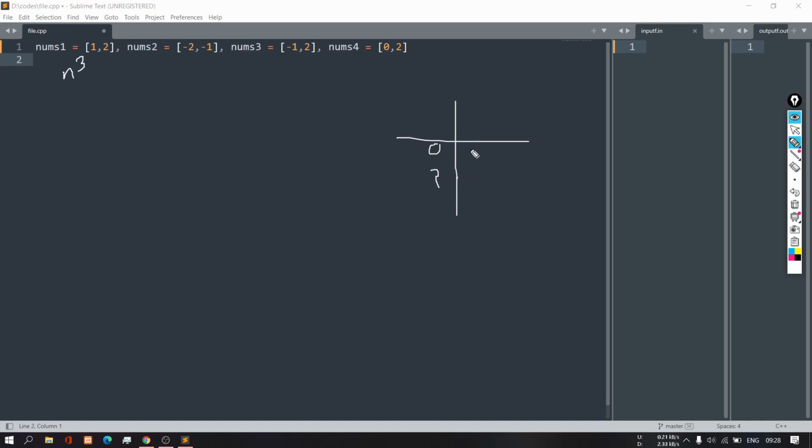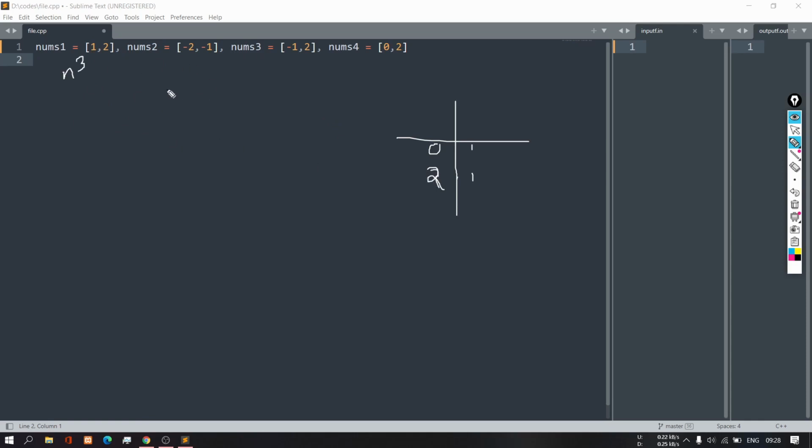Let's say I choose nums4 and take a map, and I insert 2 and 0 inside it. Now you can apply a 3 loop n cube solution, and try to find out a possible way to do the calculation.